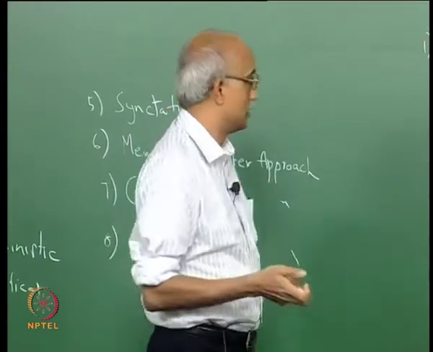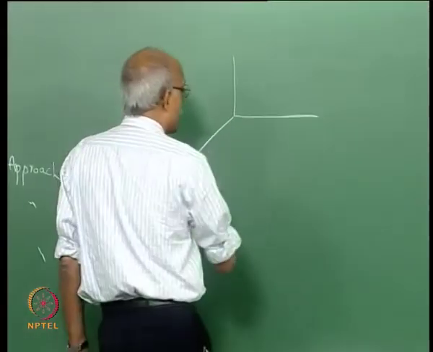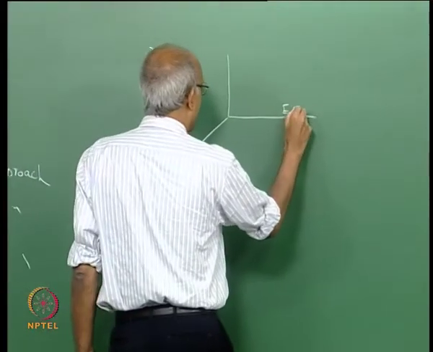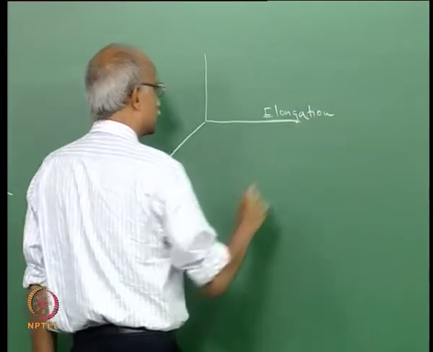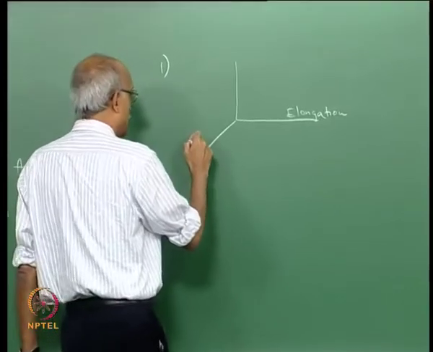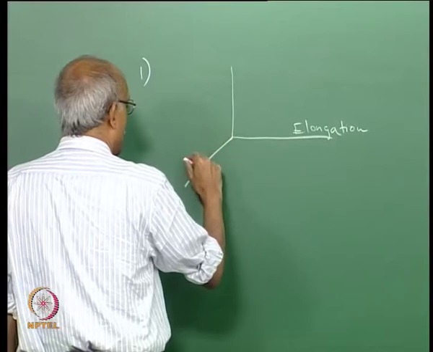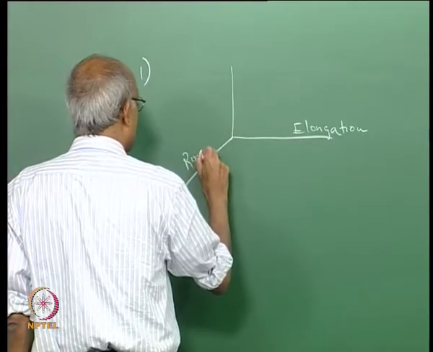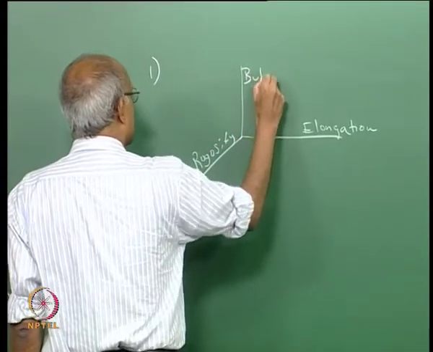For example, you could take a 3-dimensional space in which let us say one axis is elongation, the second axis is the surface roughness or rugosity, and the third one is bulkiness.